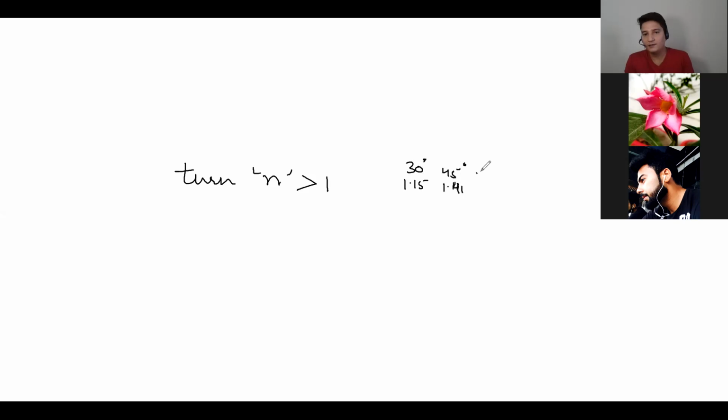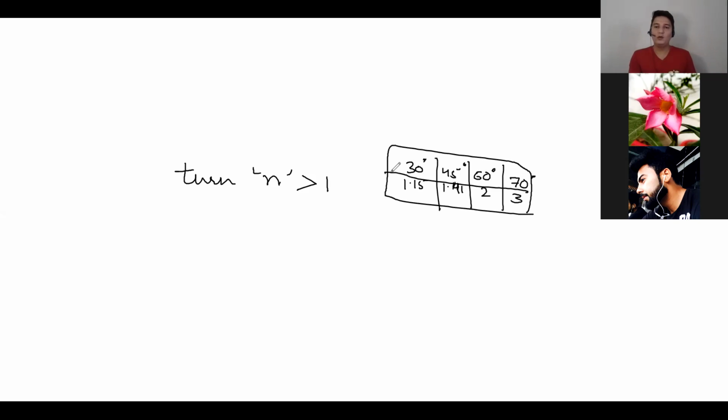At 60 degrees, we were having 2 Gs. At 70, we were having 3 Gs. So none of these figures are less than 1. They are all greater than 1. So in simple words, when the aircraft is turning in a coordinated turn, the Gs will be more than 1.